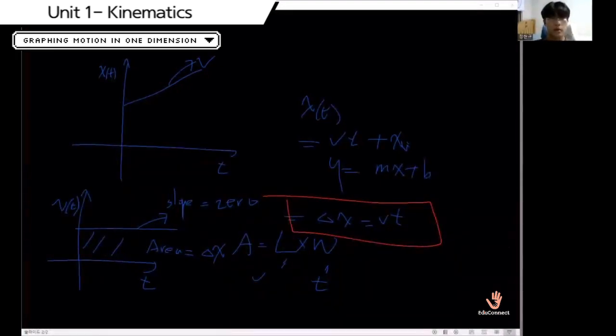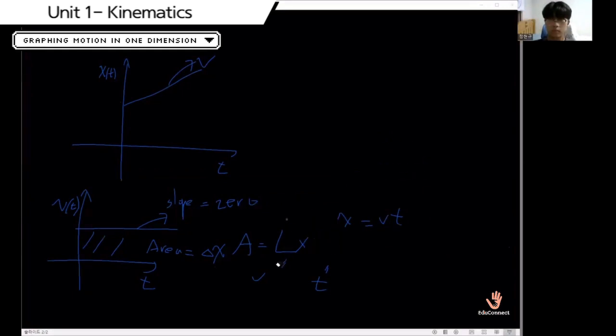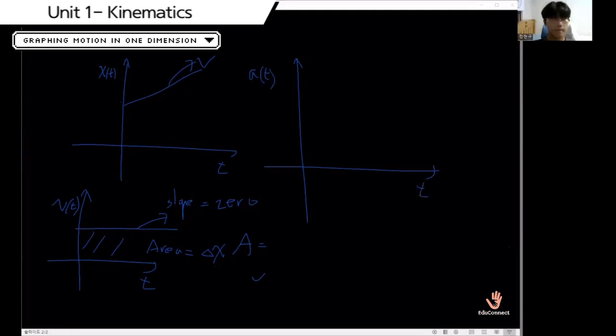Now, let's construct our acceleration time graph for this scenario. Acceleration is change in velocity per change in time, or the slope of the curve on our velocity time graph.